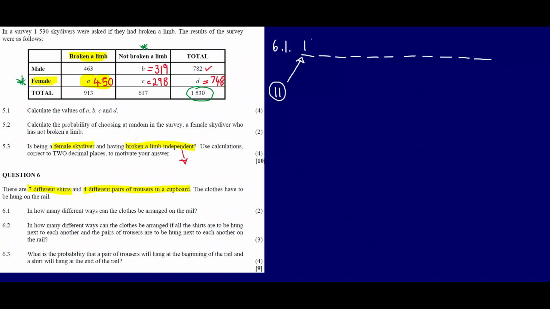Because there are no restrictions, any of the 11 items can occupy this space. I'm looking at the number of possible items that can occupy the first space, so it's any of the 11. Because one has already occupied that, I'm going to say 11 minus 1, and the answer is 10, so it's any of the 10 that can occupy the second space.